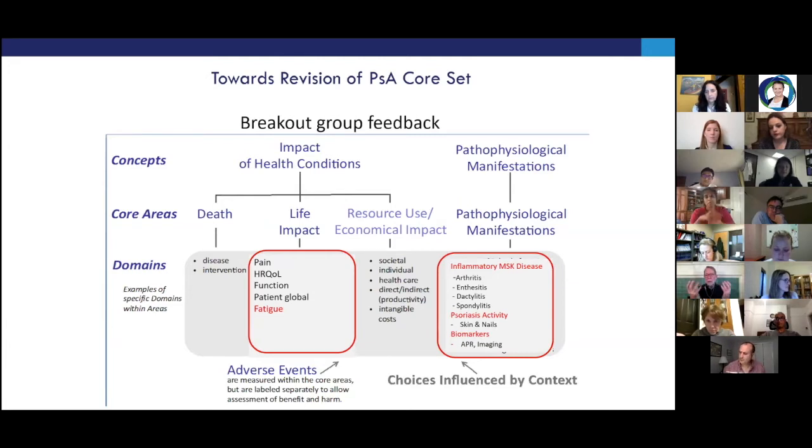we are recommending that every clinical trial that's done do at least this minimum set of evaluations. So evaluating inflammatory musculoskeletal disease, and evaluating psoriasis activity, looking at biomarkers, as well as measuring, especially with patient-reported outcomes, items that impact life, pain, function, et cetera.